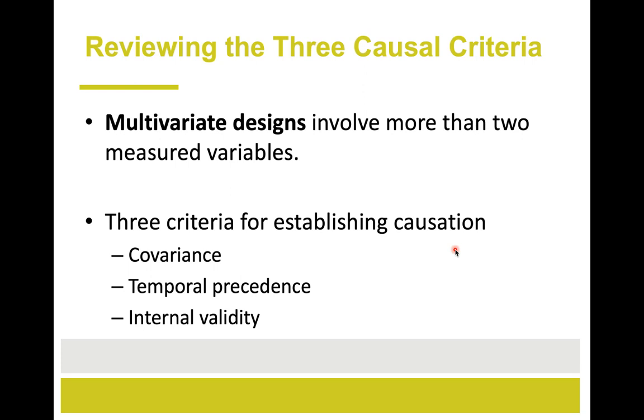Now, this is an important distinction because we've said earlier in the semester that the only way to establish causation is with an experiment. And an experiment is a situation in which we change something about the world, right? We manipulate something.